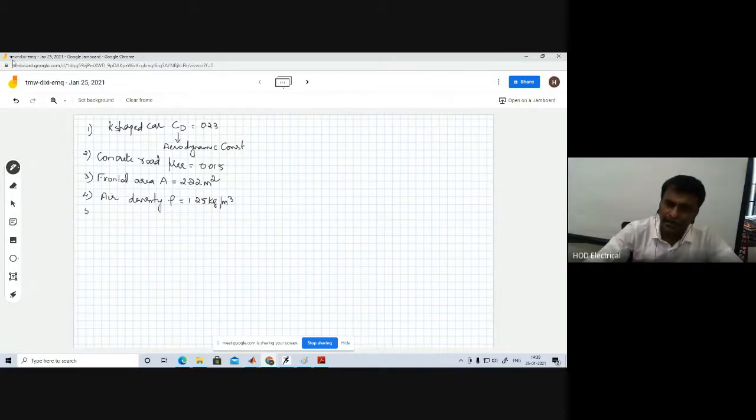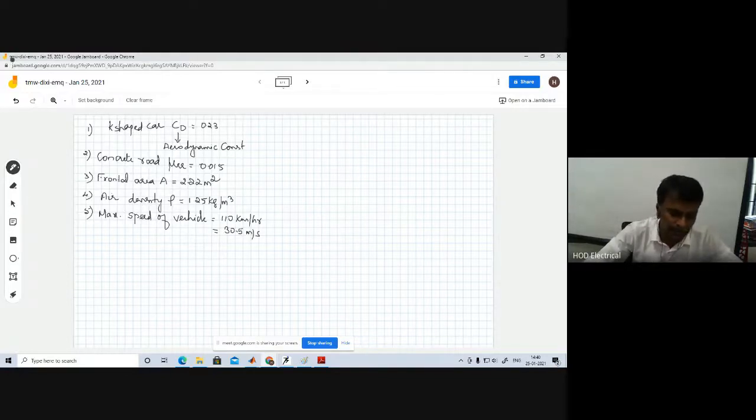Then the maximum speed of the vehicle which we have chosen is 110 kilometer per hour. It can be converted into velocity, that is 30.5 meter per second.